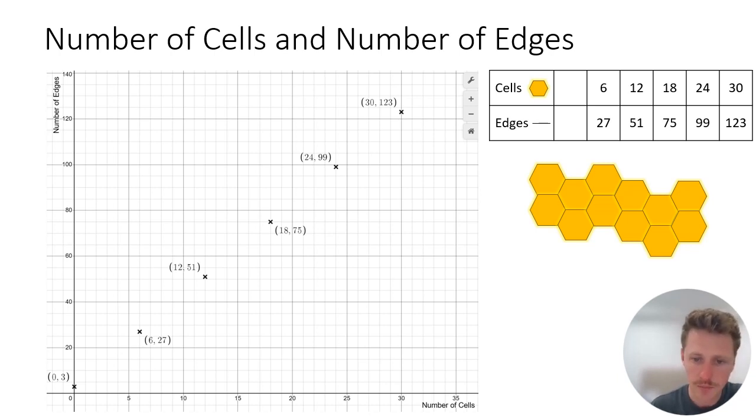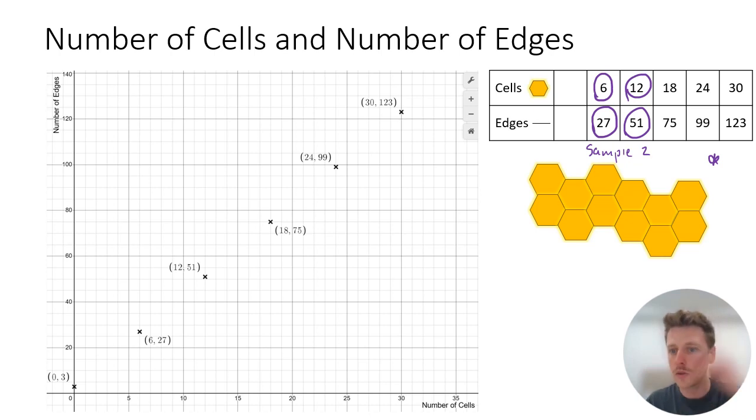We can see from a few slides earlier that when we have 6 cells, that meant we had 27 edges. When we had 12 cells, we had 51 edges. So that's actually just this diagram here. This was sample 2, it's got 12 cells and it's got 51 edges.